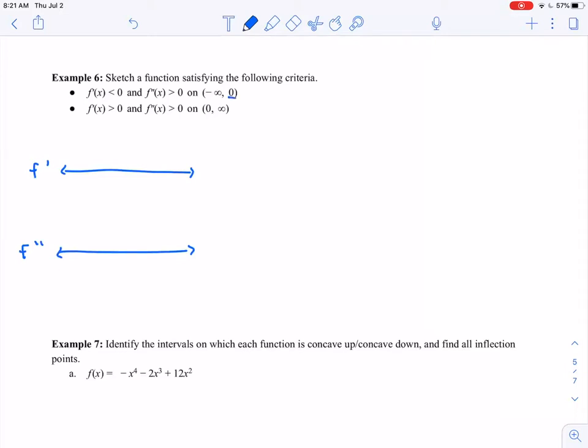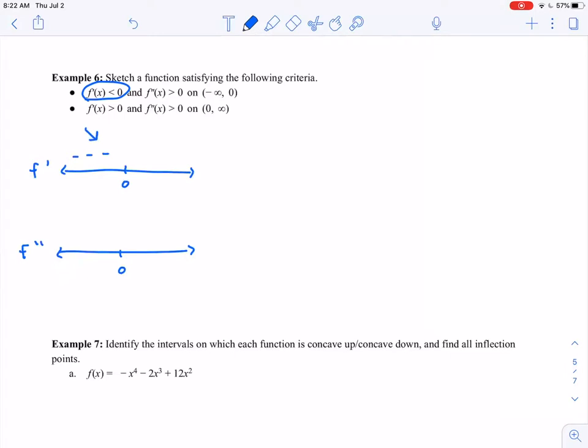So let's see, we're changing sign, it looks like, here at 0, so we've got 0 as an important point right here. f prime is less than 0, so f prime is negative, and f double prime is greater than 0, so our second derivative is positive, on negative infinity to 0. So we're talking about this leftmost interval over here. f prime is negative, so our first derivative is negative, which means our function is decreasing on that interval.